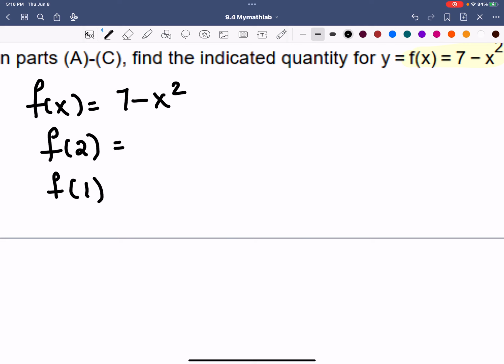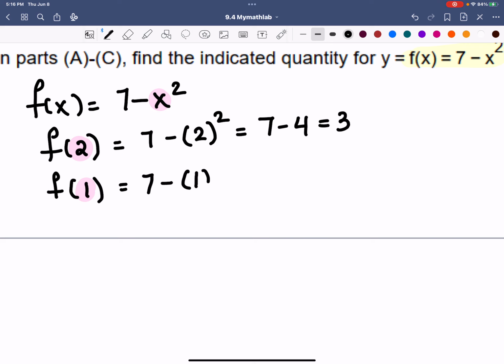So let's go. 7 minus, in place of x, I will be replacing my x with 2, and then with 1. I always like to put parentheses, even though it's positive, just to make sure I am not making any mistakes. So 7 minus 4 is 3. 7 minus 1 squared is 7 minus 1, which is 6.